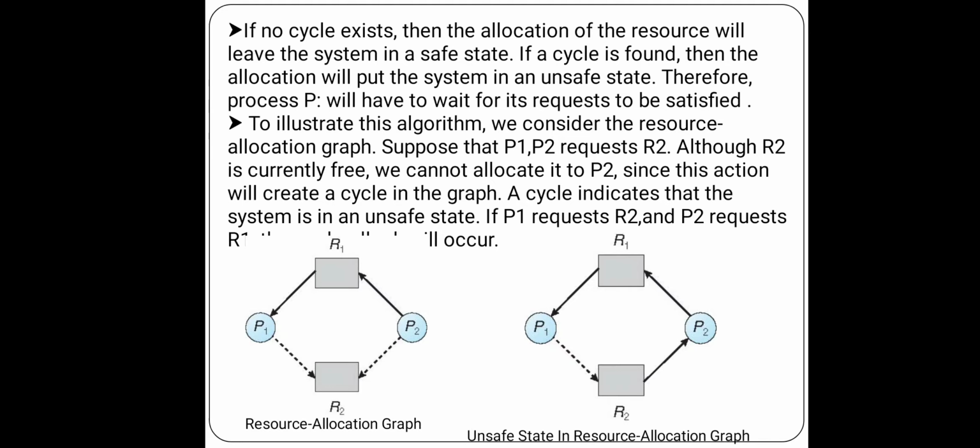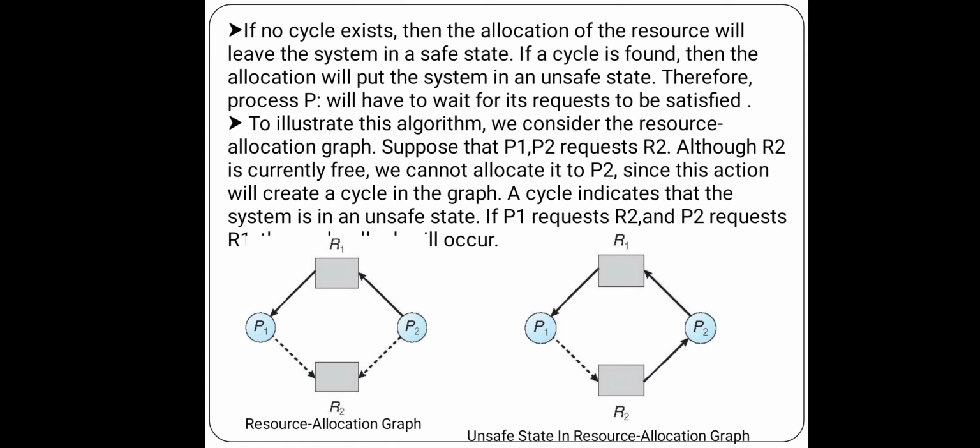See, P1 and P2 request R2. Although R2 is currently free, we cannot allocate it to P2, because if we allocate it to P2, there is a chance to form a cycle.